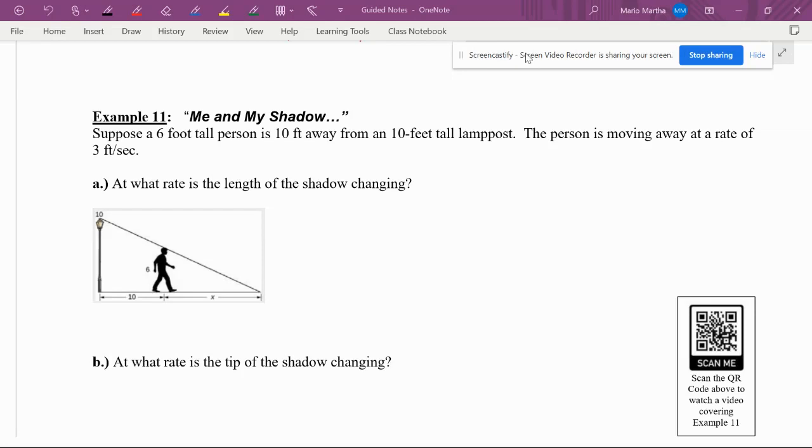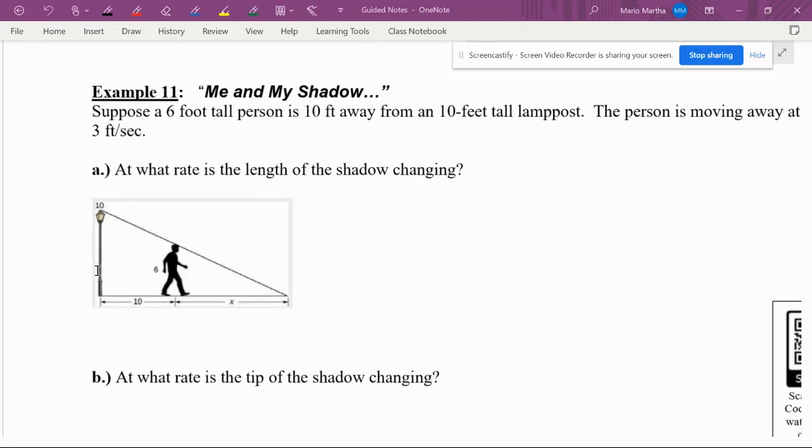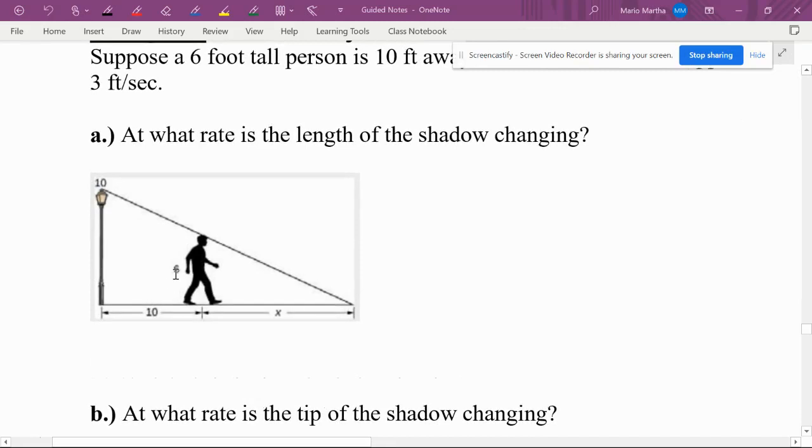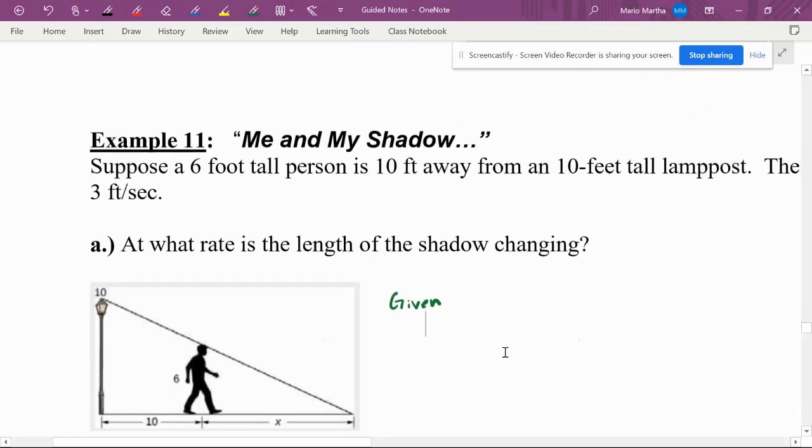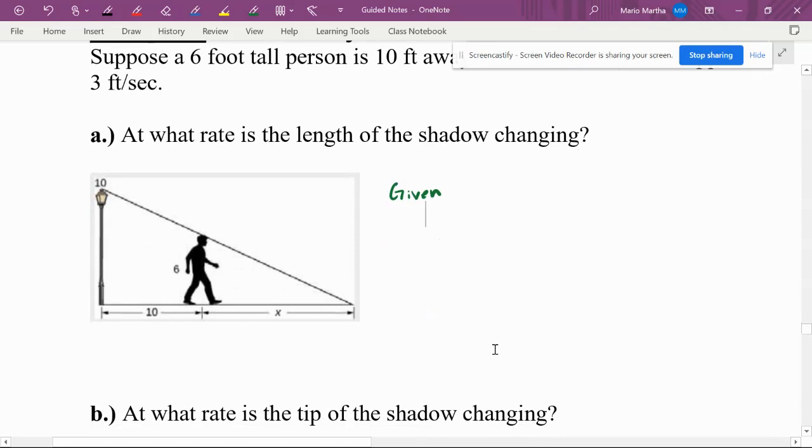All right. So, we're given some information. Now, a couple of things here. They already gave us the picture, which is kind of nice. So, one of the things we have to do first is find what the given is, right? In this case, we're given the rate at which the person is walking away from the lamppost, and that would be the distance from here to here.